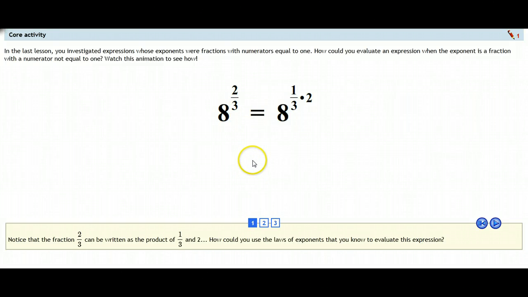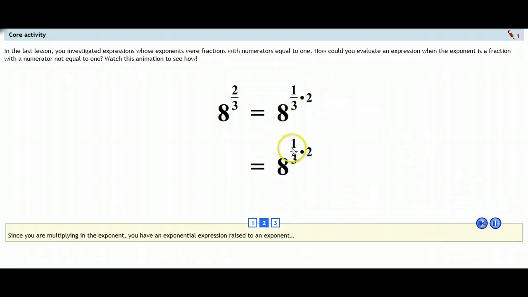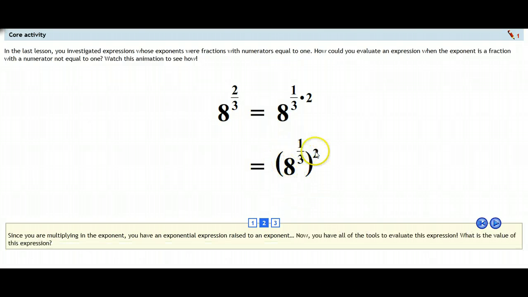Now, we want to use the laws of exponents to evaluate this expression. 8 to the 1/3 times 2 can be rewritten as 8 to the 1/3 raised to the second power, because anytime you have a power raised to another power, all we do is multiply the powers, and 1/3 times 2 brings us back to the original, which just means that this here is the exact same thing as this here. We haven't changed anything yet.